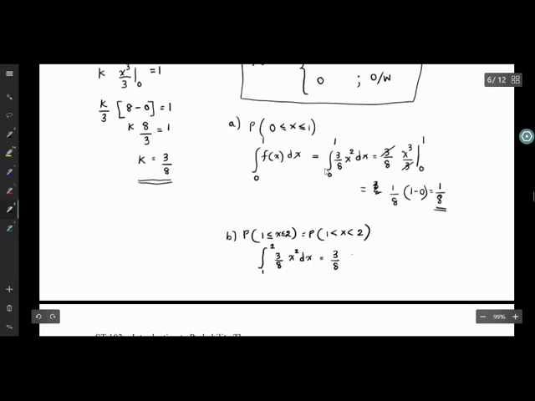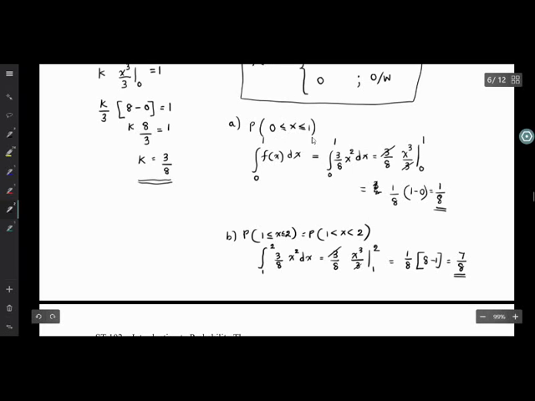This is the constant. You have x to the power 3 over 3. Evaluate from 1 to 2. Again, 3 will cancel out. When x is 2, 2 to the power 3 is 8. When it's 1, 1 to the power 3 is 1. So you end up with 7 over 8.